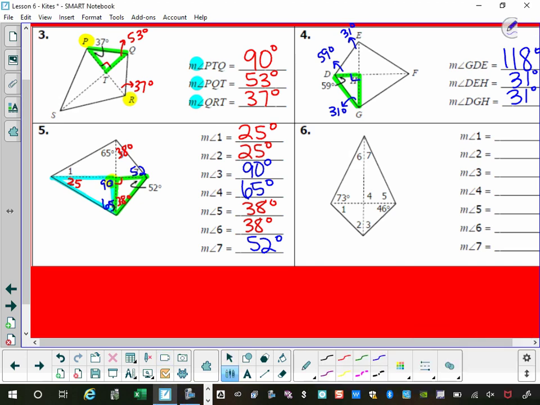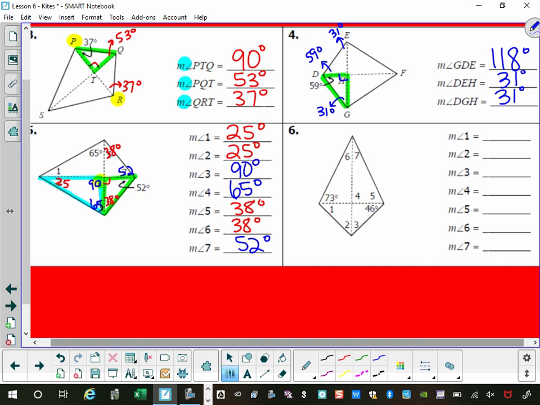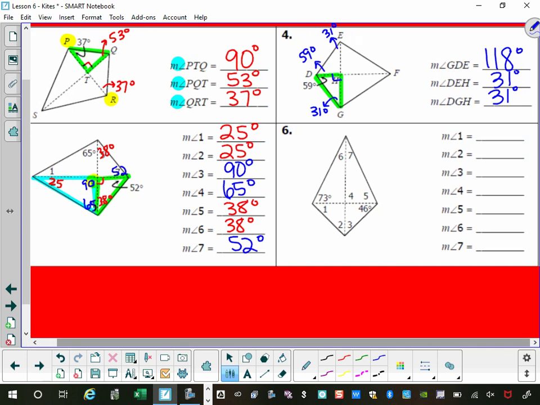All right, Joseph, what did you start with? What was your first angle? Okay, and 4 is what? Okay, so 4 is 90 degrees. Kaylee, what's another angle that you listed? 7 is what?